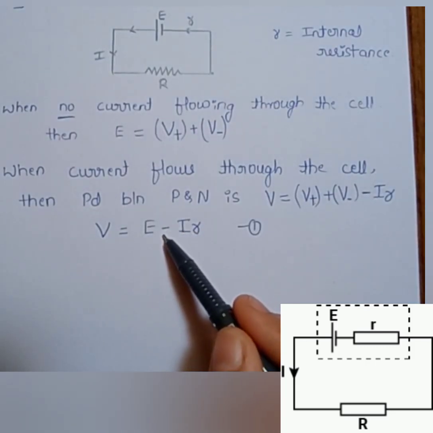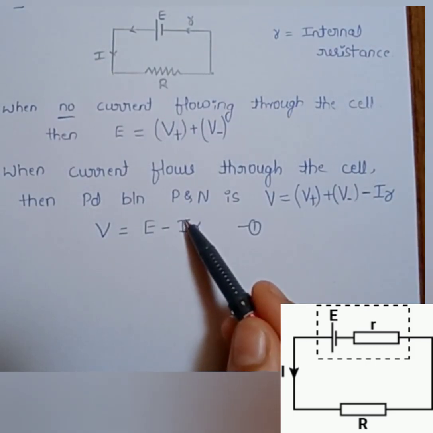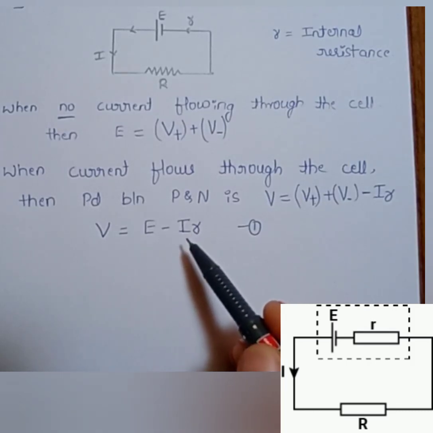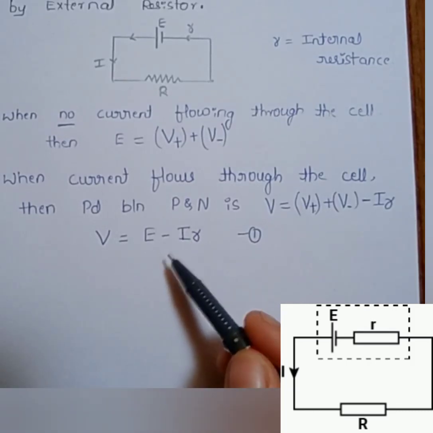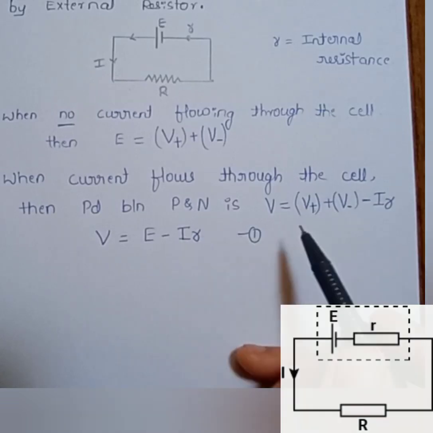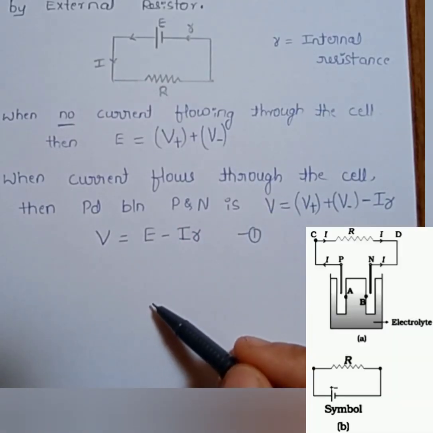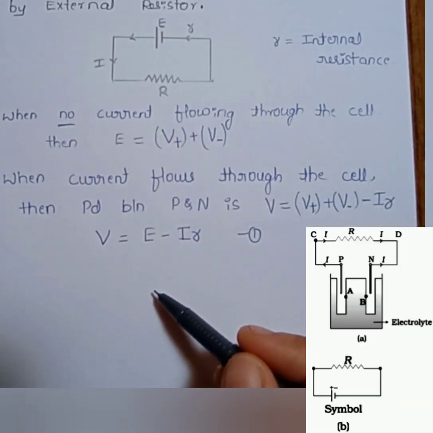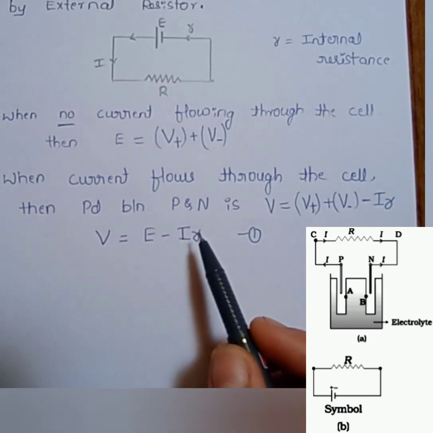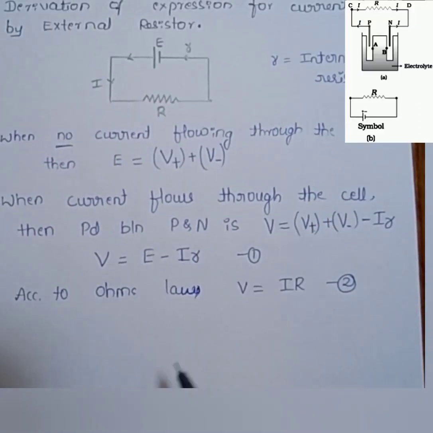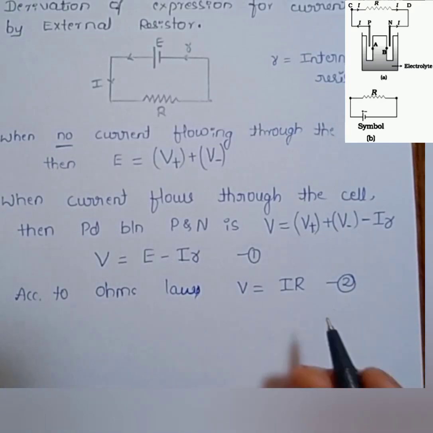The negative sign in the expression, minus I r, is because the current I flows from B to A in the electrolyte in the diagram. Now, according to Ohm's law, V equals I into R.